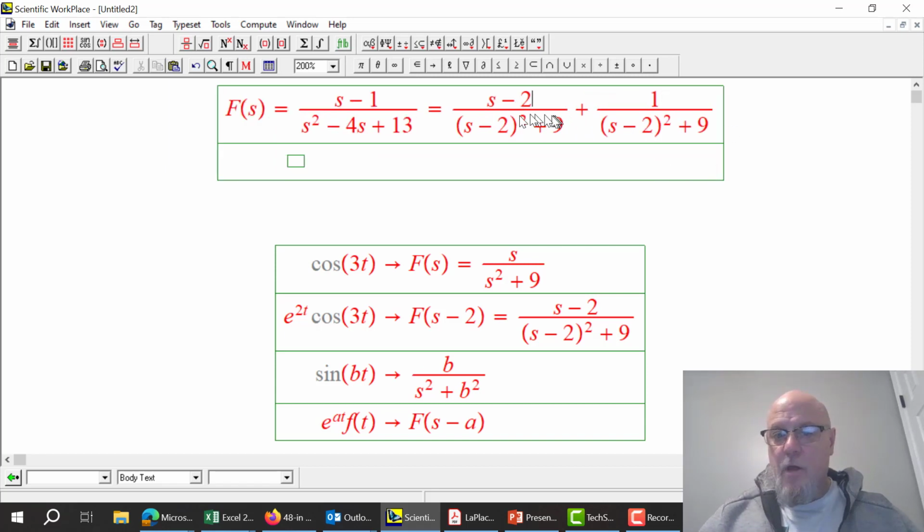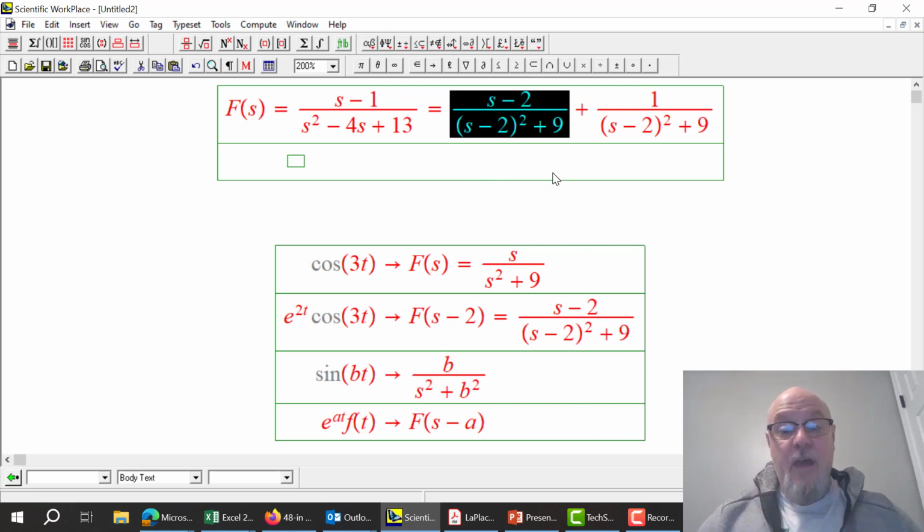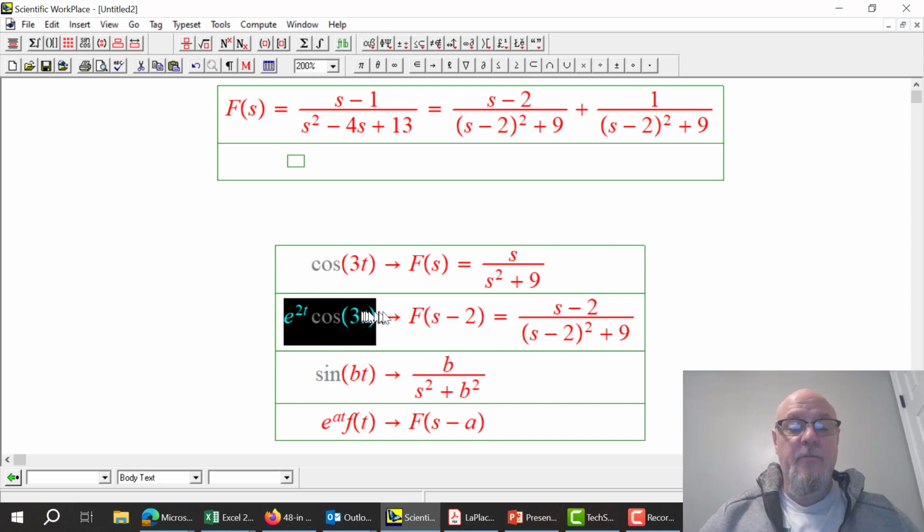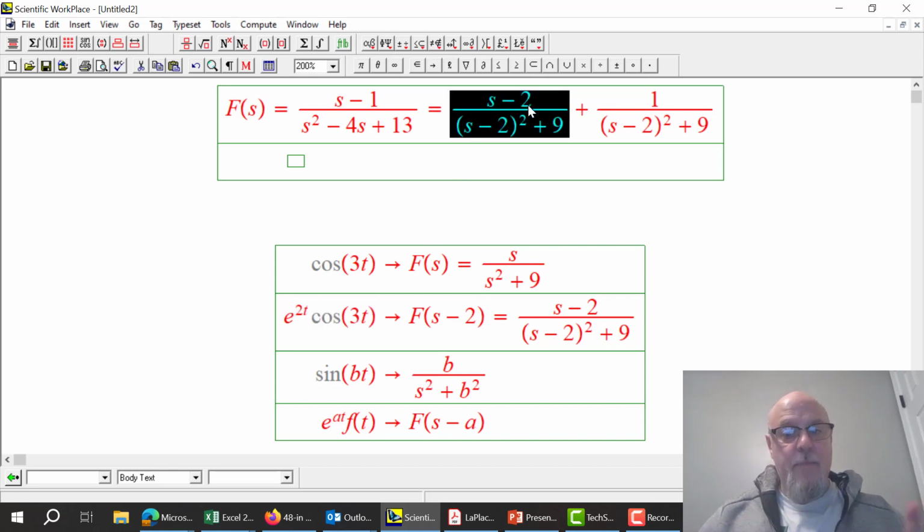So now when I common denominator add these two pieces together, the plus 1 and the minus 2 give me the original minus 1. And this piece, I'm set. That matches that exactly. That's going to unLaplace to be the e to the 2t cos 3t. We were expecting that when we thought about the eigenvalues. So if I was unLaplacing, I've got that piece done.